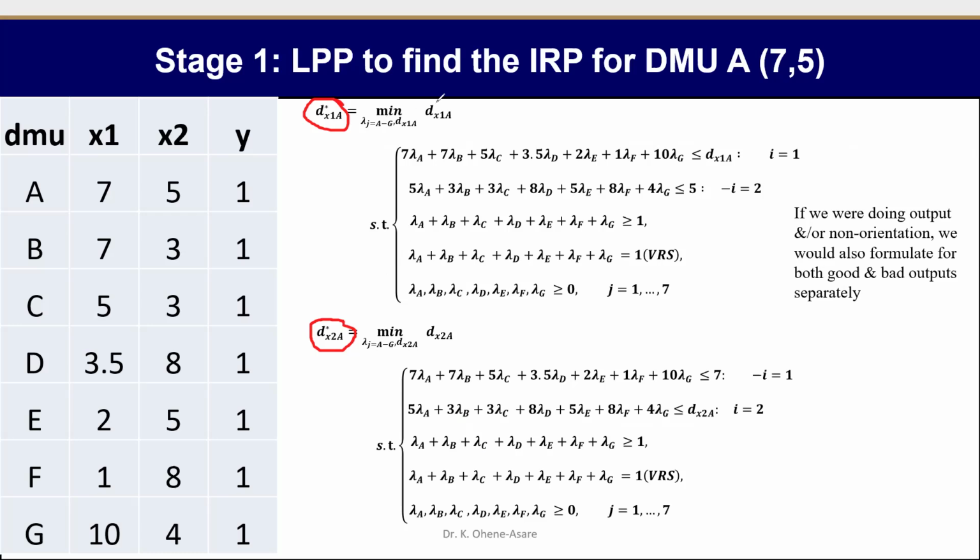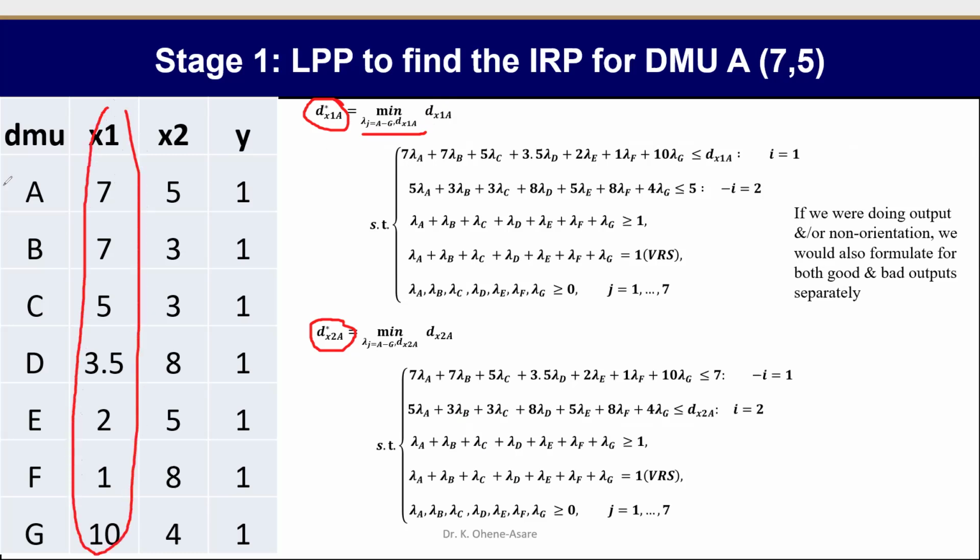We minimize the D, because we are looking for the D star. The D is the ideal reference for input X1 for A, with the intention of getting the lambdas from A to G. We are getting the lambdas, as well as the ideal reference. Now for A, how do we do it? We are going to take all of these input constraints, sum them, weight them.